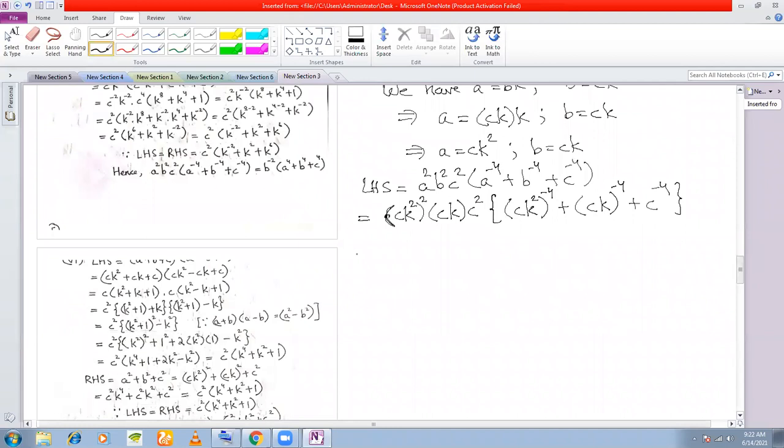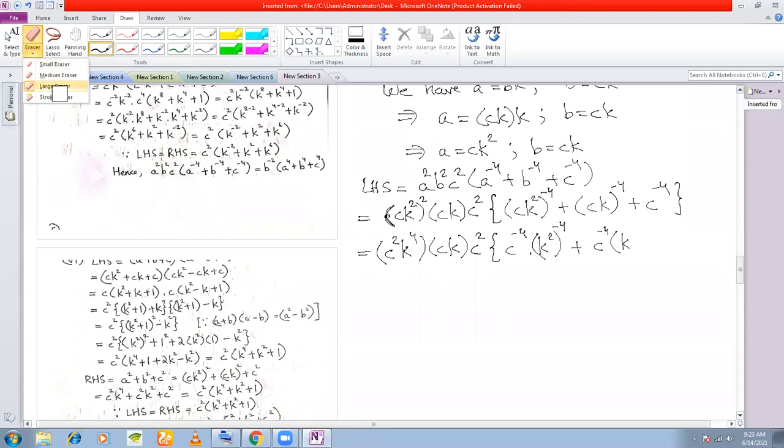Now we need to simplify this. So this becomes C square K to the power of 4 into CK into C square. This is C to the power of minus 4 into K square to the power of minus 4 plus C to the power of minus 4 into K to the power of minus 4 plus C to the power of minus 4.